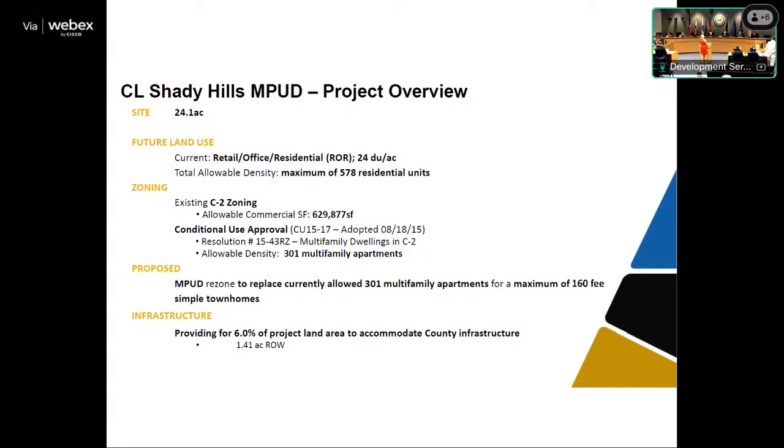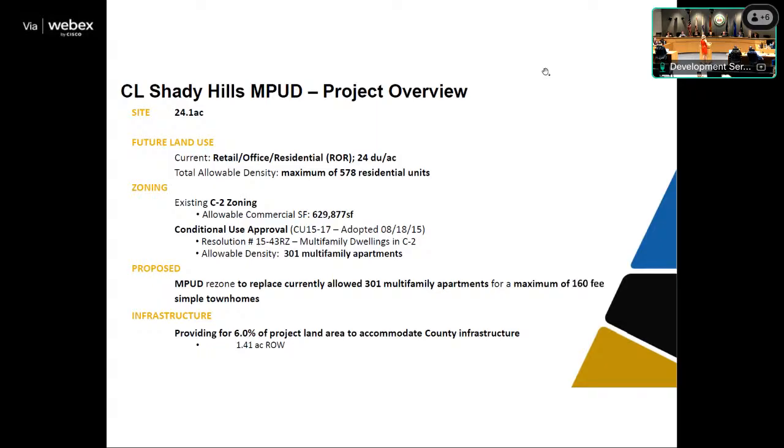On behalf of the applicant, we're bringing this project forward. The current land use is ROR, which allows a maximum density of 578 residential units as a matter of the land use. It has both C2 zoning and a conditional use that goes on top of the C2 zoning. When you do a conditional use for multifamily, it's an additional use. It doesn't take away the commercial, so the property has commercial entitlements as well as entitlements for multifamily.